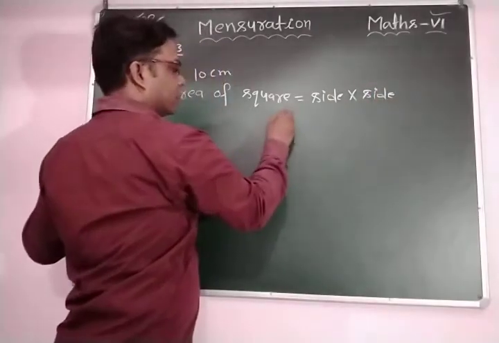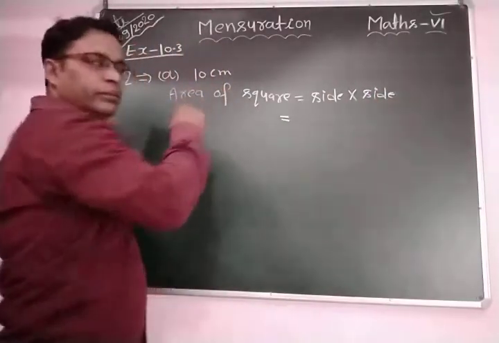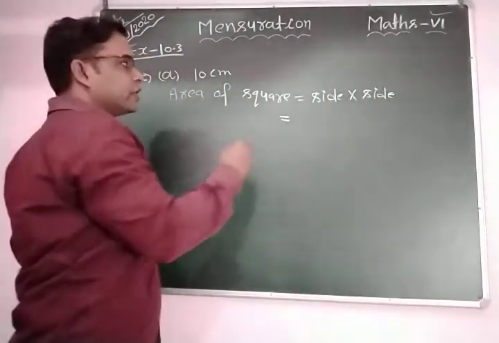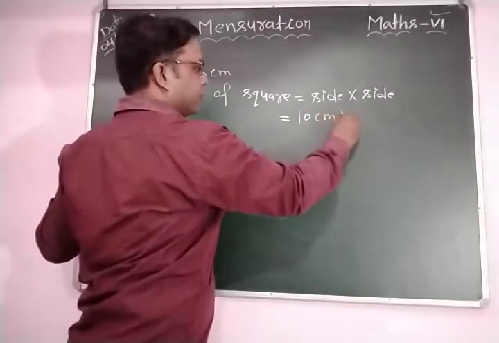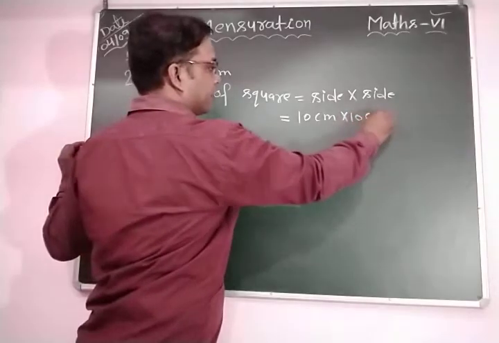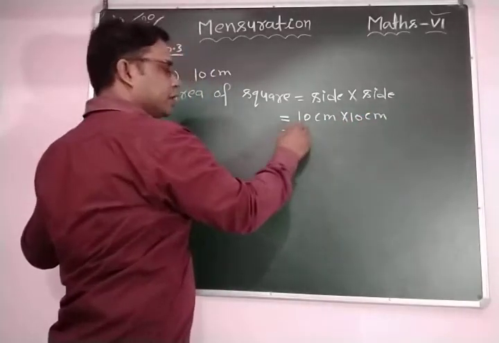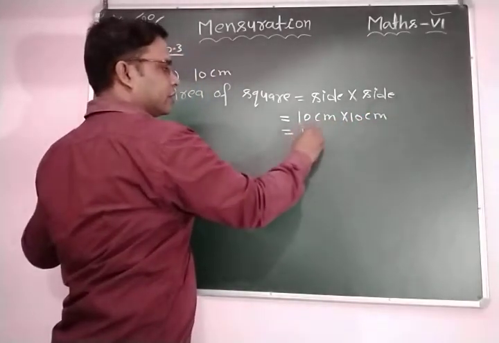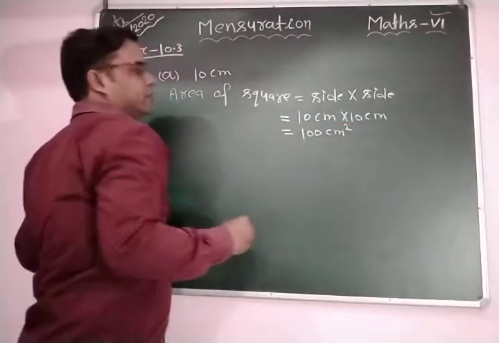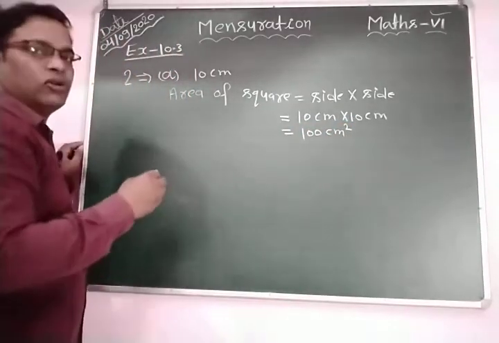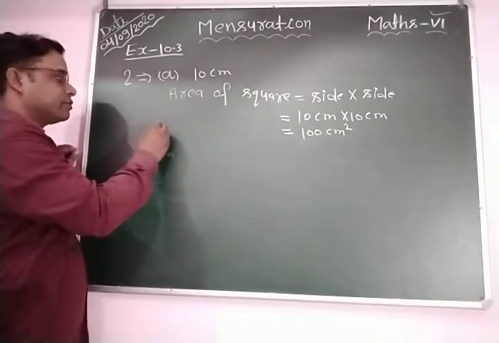Here the side is given as 10 centimeter, so you can write here 10 centimeter into 10 centimeter. 10 centimeter into 10 centimeter is equal to 100 centimeter square.